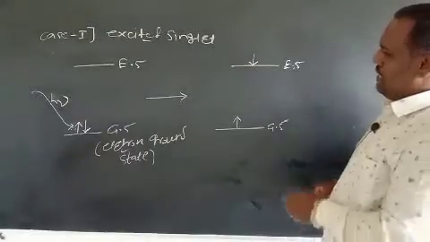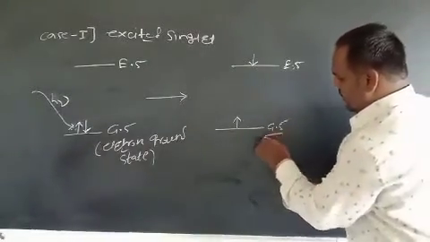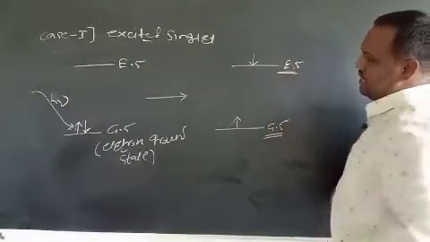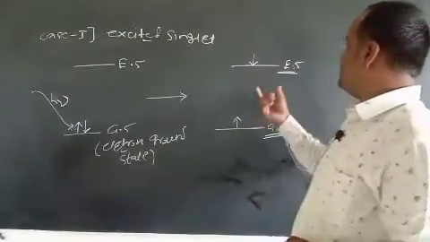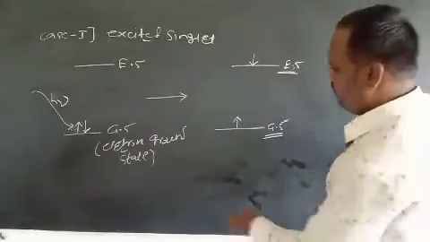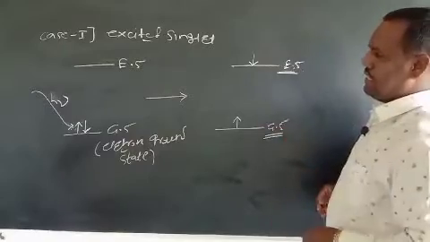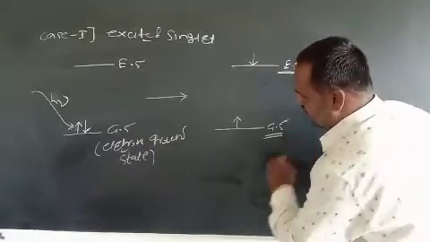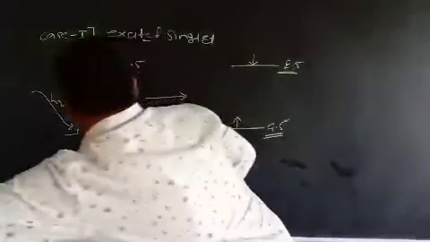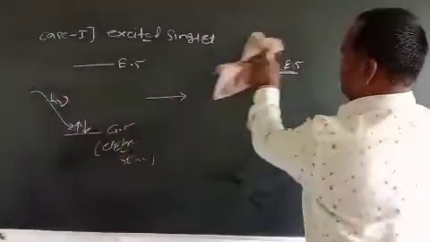So if we consider this a ground state and this the excited state, we consider the spin multiplicity for this excited state, that is 2S plus 1.